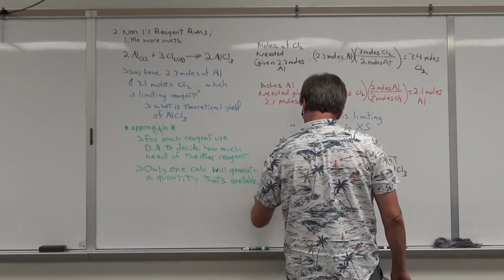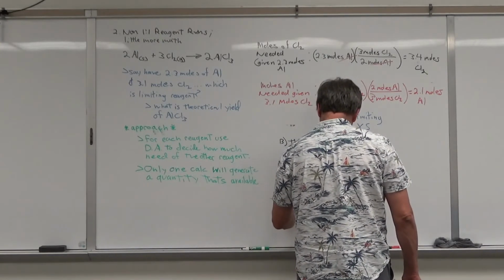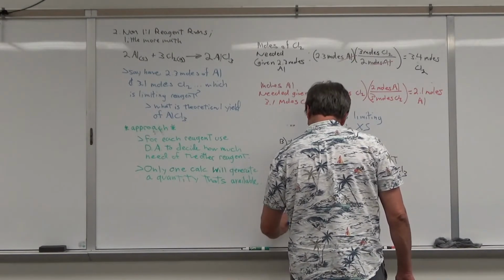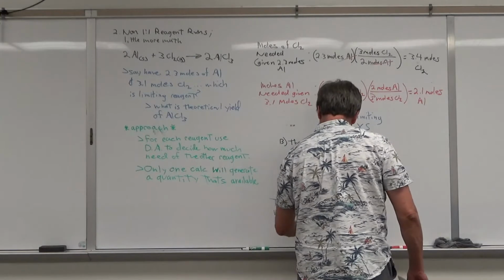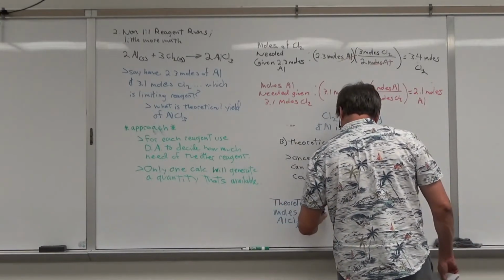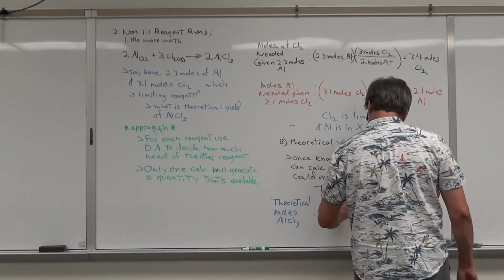So the theoretical moles of aluminum chloride: the limiting reagent is chlorine, 3.1 moles of chlorine.